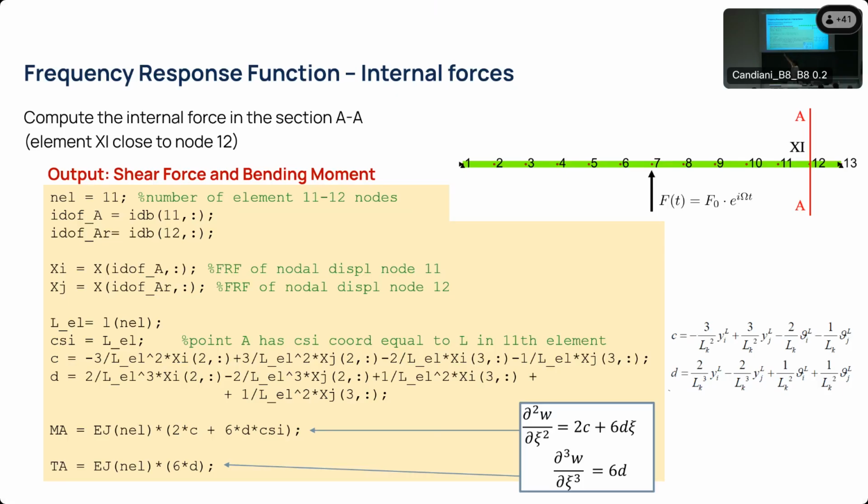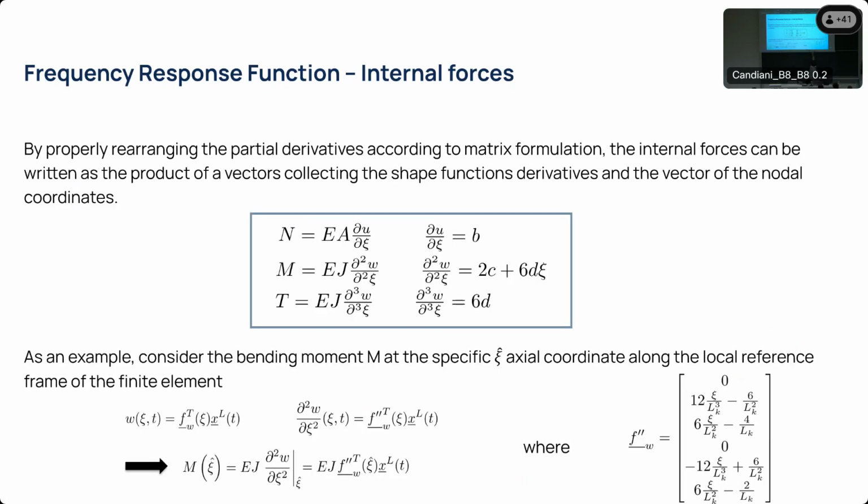So we compute our parameters c and d, because as you see, the two expressions of parameter c and parameter d are just the translation of these terms using the true value of the running coordinate, which in this case is equal to the length.